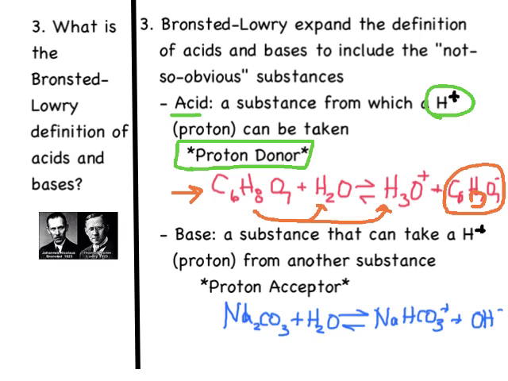Now a base, on the other hand, is a substance that can take a proton, or a hydrogen ion, from another substance. It's not going to give it away, it's actually going to take it and add the hydrogen ion to itself. And so bases are what we call proton acceptors. If we take a look at the washing soda from the previous slide, Na2CO3, if we mix it with water, it's actually going to take a hydrogen.